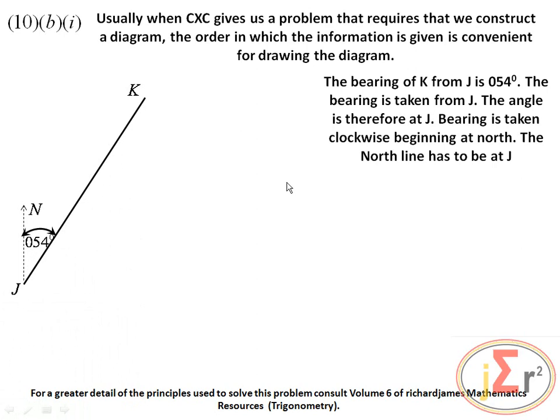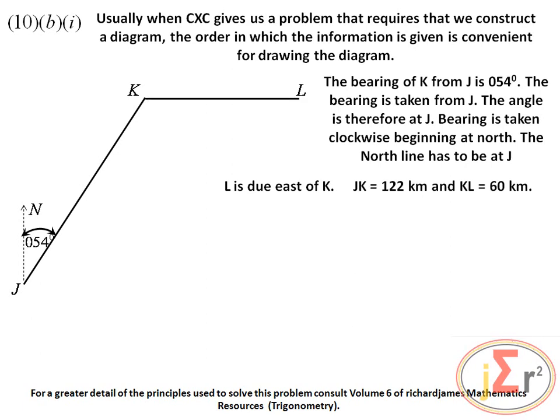This is the line that we have for KJ. L is due east of K. East, no problem with that. JK is 122 kilometers and KL is 60 kilometers.